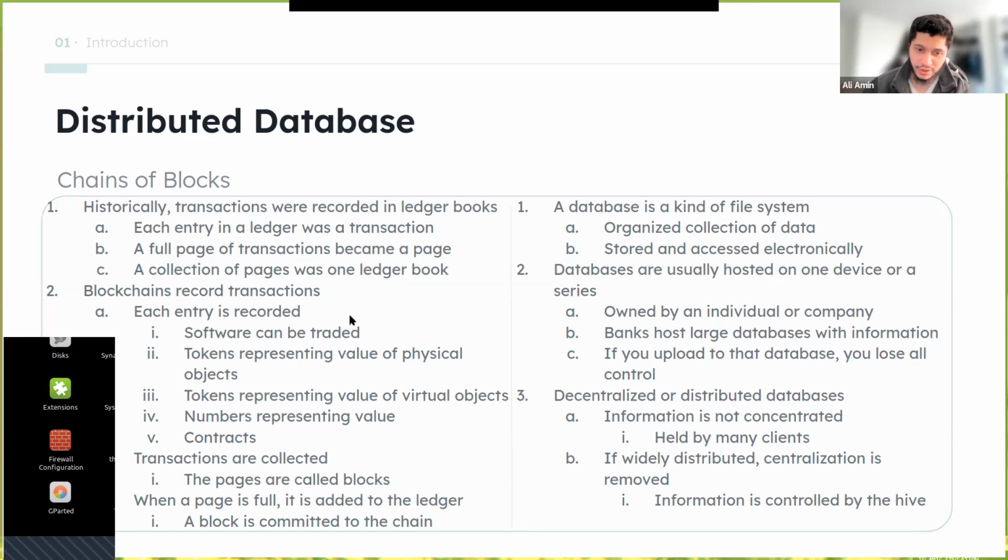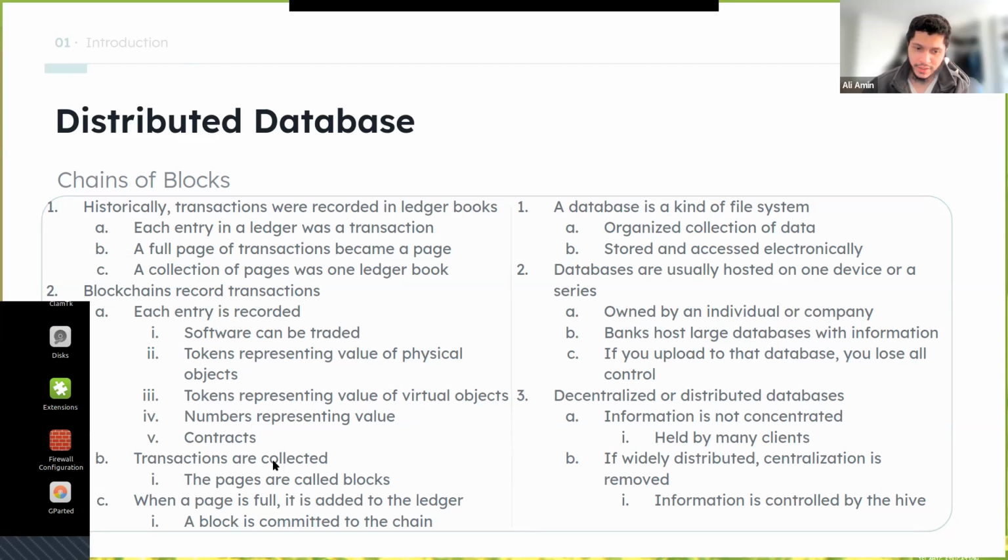You could trade software. You could trade physical objects and just record the trade on the blockchain. You could trade something virtual, with something on the blockchain representing its value. Or you could just trade numbers, which have value just because you believe in the technology, like Bitcoin, or even contracts. You could buy and sell contracts, which are software, and we'll get into all of that.